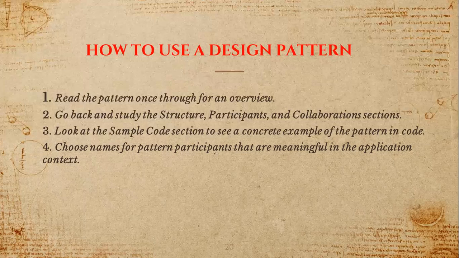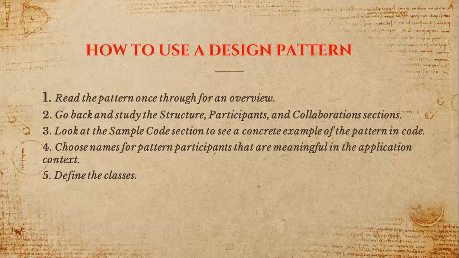And in the fifth step, we define the classes. Once after declaring their interfaces, we establish their inheritance relationships and define the instance variables that represent data and object references. We also identify the existing classes in our application that the pattern will affect and modify them accordingly.